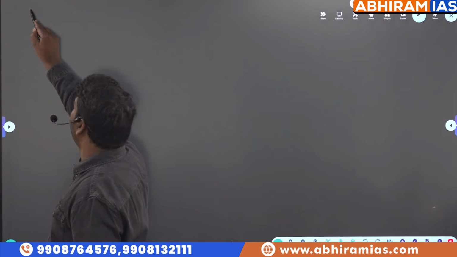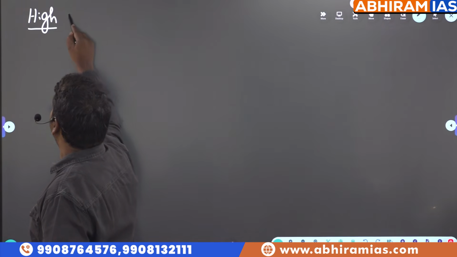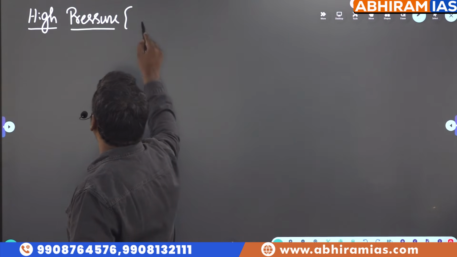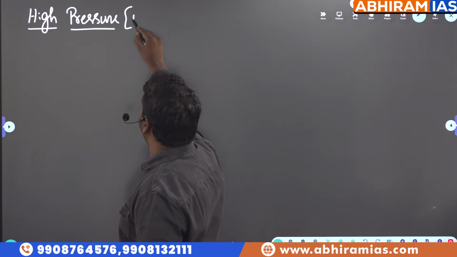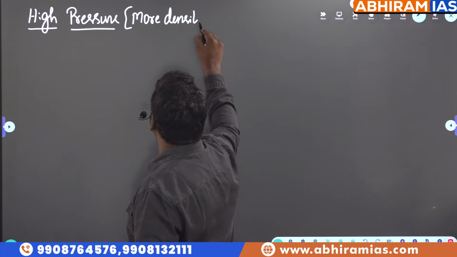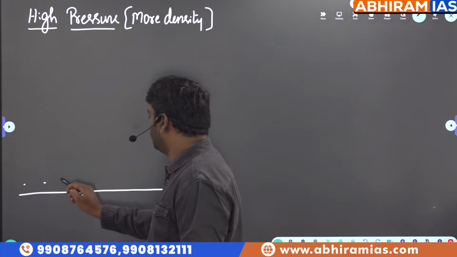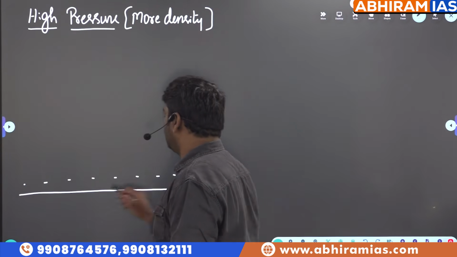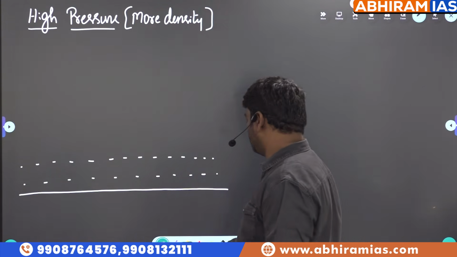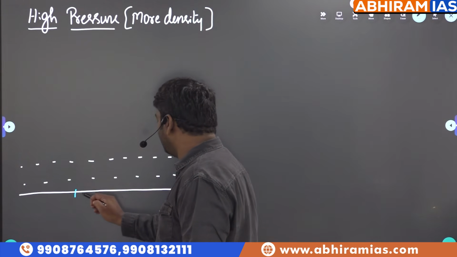Now, guys, what is high pressure? Can you tell me now? What is high pressure? Less number of particles or more number of particles? So, you should have more particles or more density. Try now. Land is very cold.